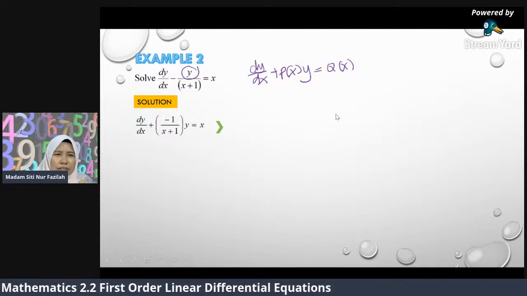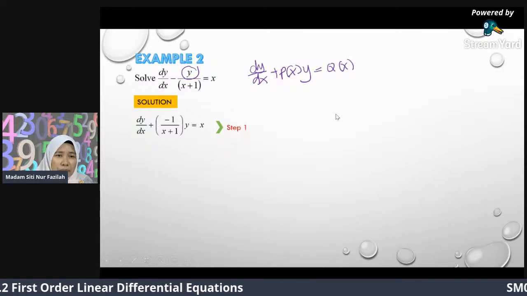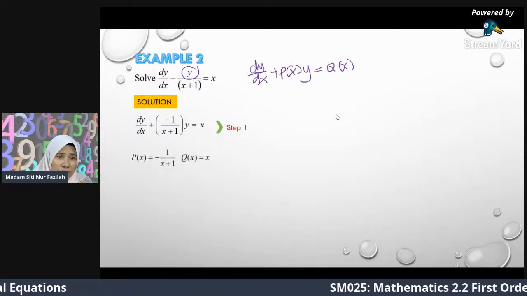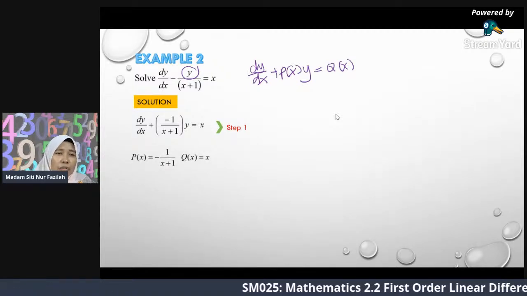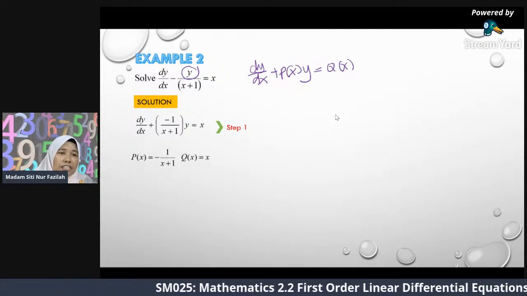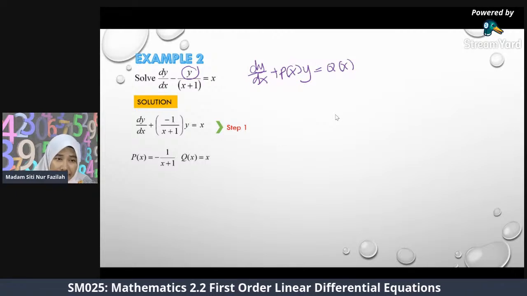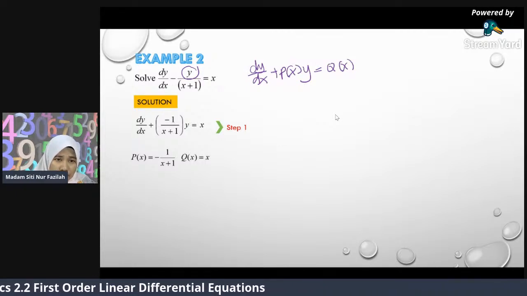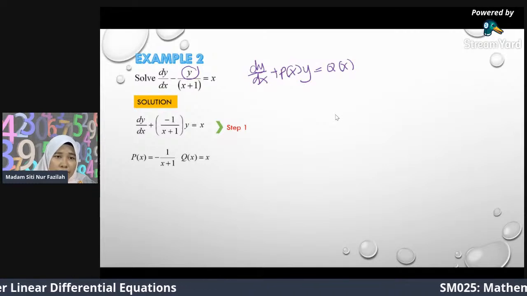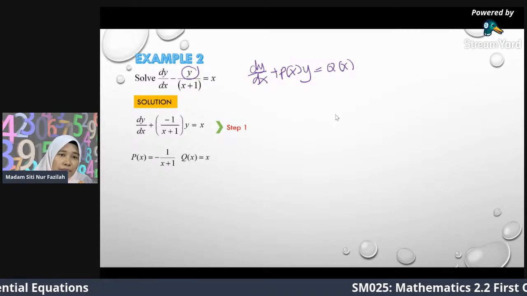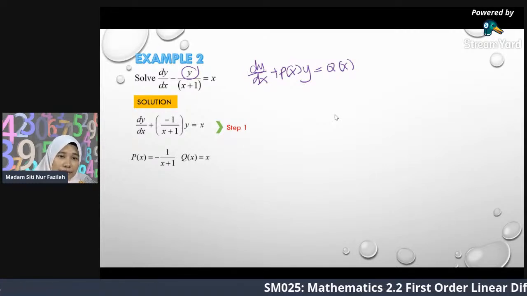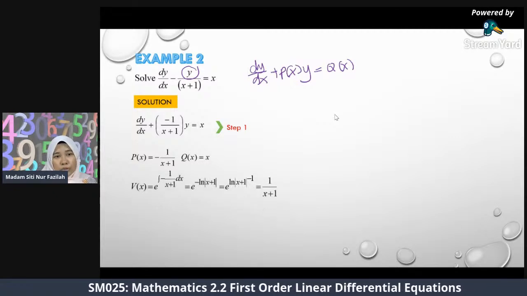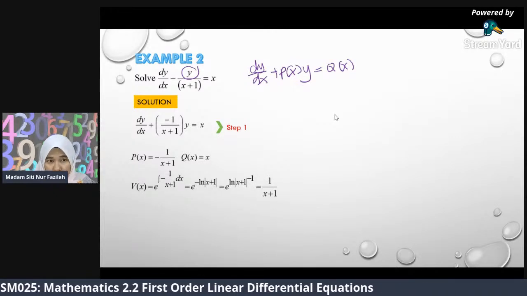The function px is negative 1 over x plus 1, and the function qx is x. We settle step 1. Next, we go to step 2.